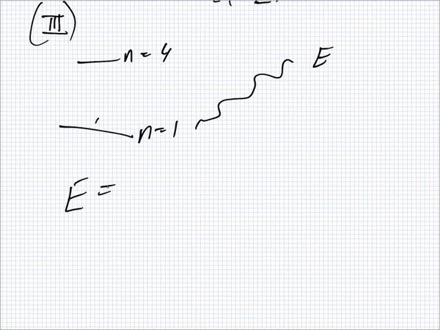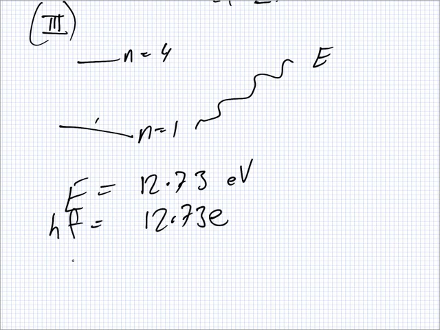Now state 4 is not 0 energy, sorry, it's minus 0.85, and state 1 is minus 13.58. So it requires 12.73 electron volts, which means hf equals 12.73 eV, and they want frequency, so f is 12.73 eV over h.